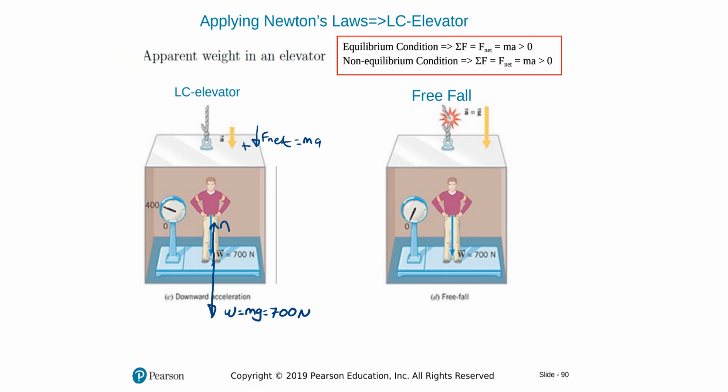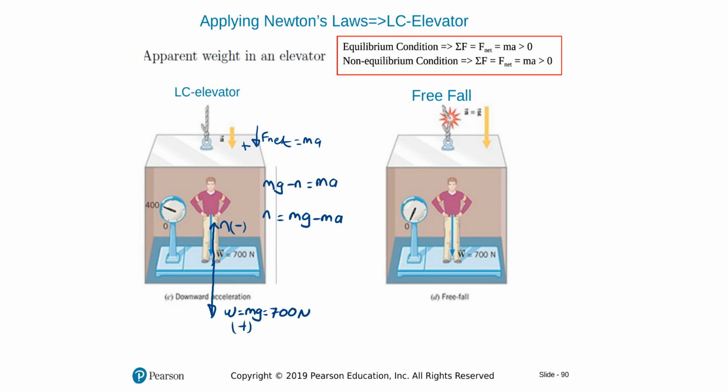And I say, okay, now N is negative because it's opposite to acceleration. mg is positive, and apply the same. F net is equal to ma. What is my F net? Now mg minus N, and that's equal to ma. And I solve for N. It will be mg minus ma. And I can input the numbers and solve for this again.